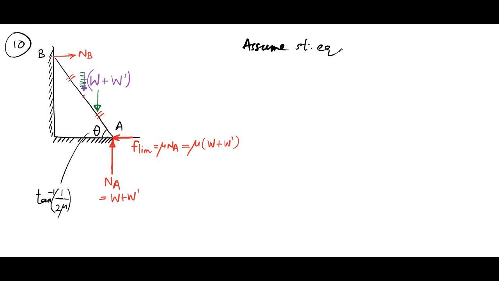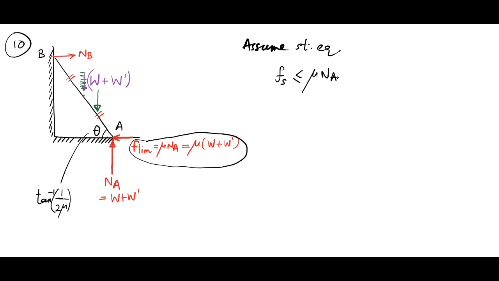The usual contradiction we check for is, we find the force required over here for static equilibrium, the frictional force, and then check whether that frictional force satisfies the inequality Fs is less than or equal to mu times Na, because if it doesn't, it means that the required static frictional force is larger than the limiting frictional force, and so the ladder is going to slip.